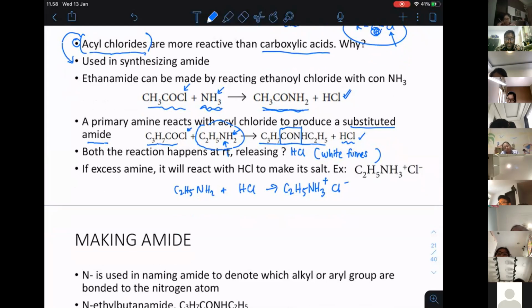Do remember, if you want to react with ammonia, it must be concentrated, at room temperature. Why room temperature? This is a no-brainer, because we know that acyl chloride is reactive. If it is reactive, you do not need to provide any heat. It is going to be a vigorous reaction.